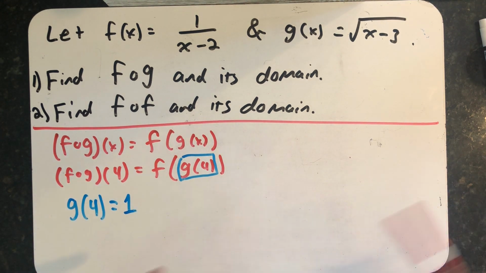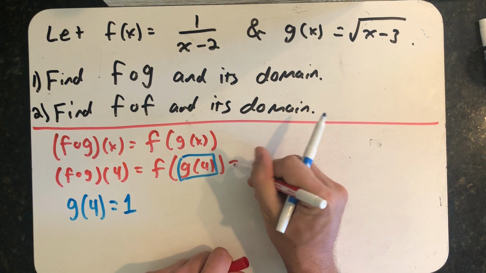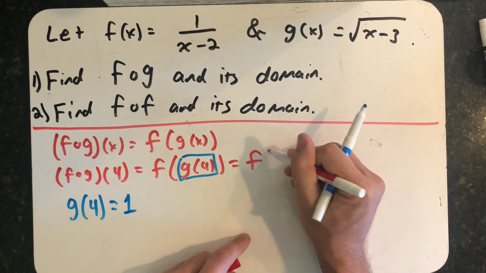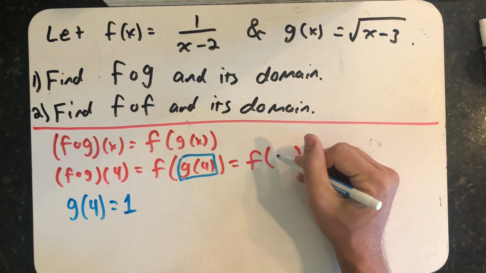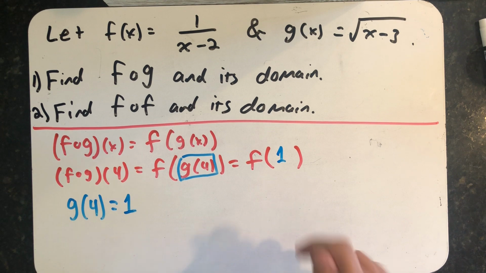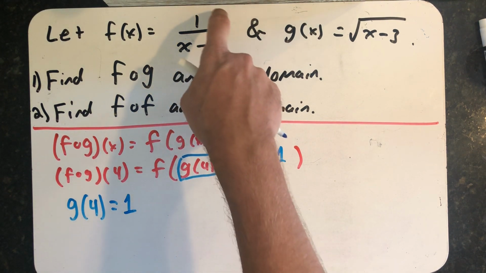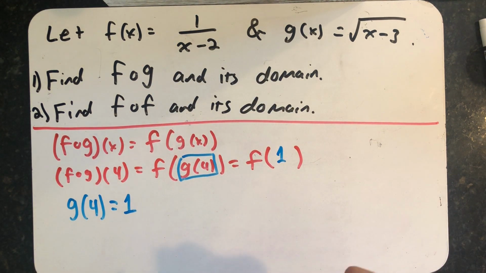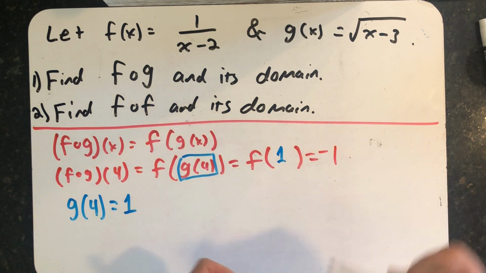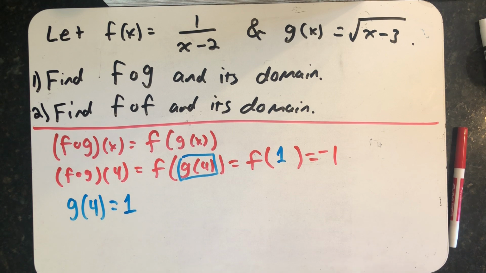So g of 4 is 1. So I've done the first part. And now I have to evaluate f of 1. 1 minus 2 is minus 1. 1 over minus 1 is minus 1. And there I have it. That's f composed with g of 4.